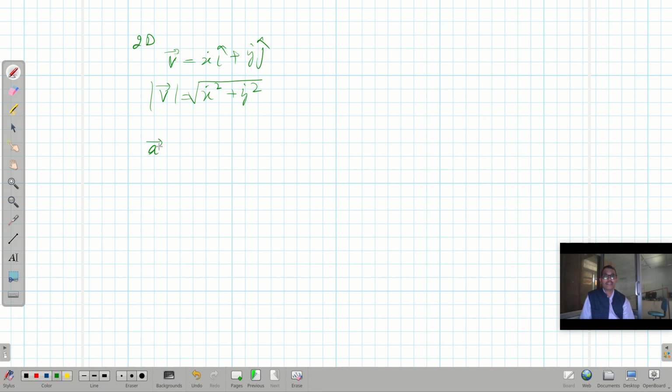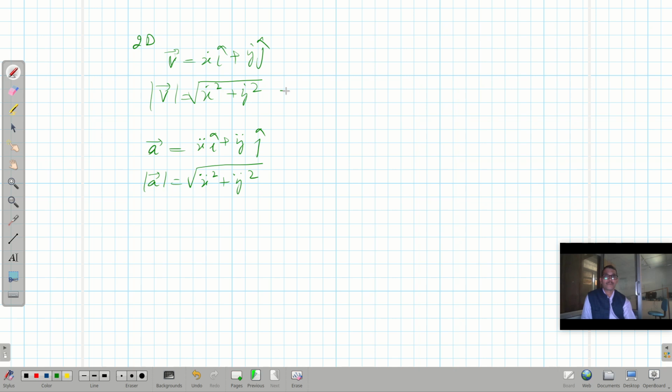And similarly, acceleration can be written as x double dot i cap plus y double dot j cap, and the magnitude of it can be written as the square root of x double dot squared plus y double dot squared.